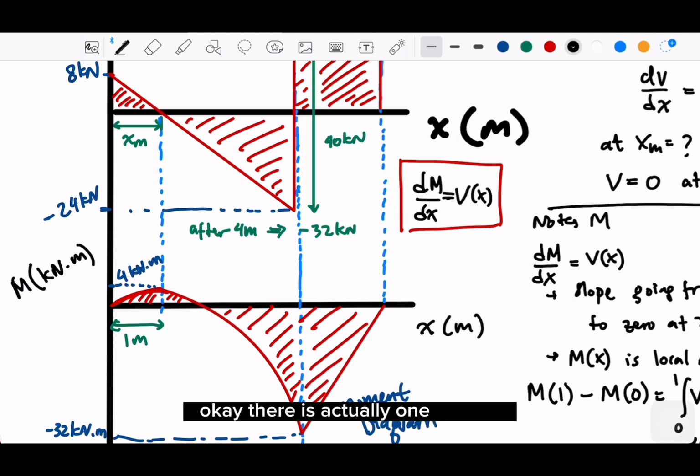Okay, there's actually one section in the textbook with examples on singularity functions or discontinuity functions, but I think I will skip that. We are focusing on other subjects.